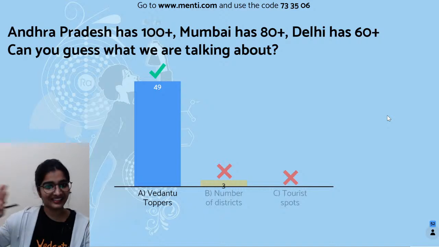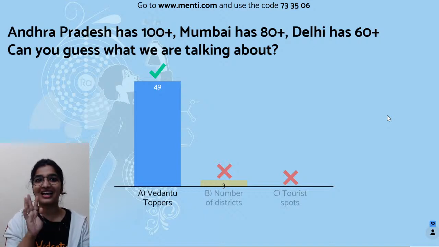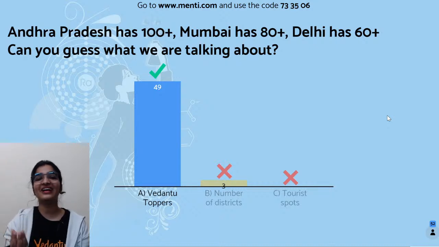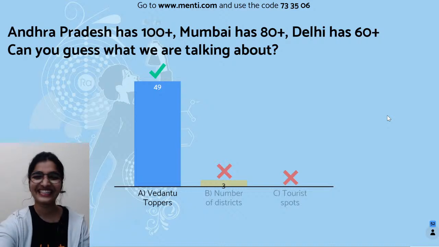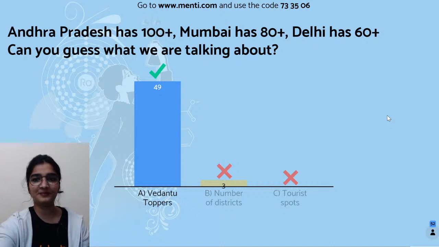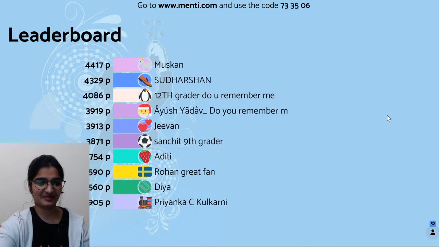Even if it's not related to Vedantu or our syllabus, who chose number of districts? Are you saying Andhra Pradesh has 100 districts? Huh? That was the hint. No, everything was related to Vedantu. I don't know who chose that. That was bad.